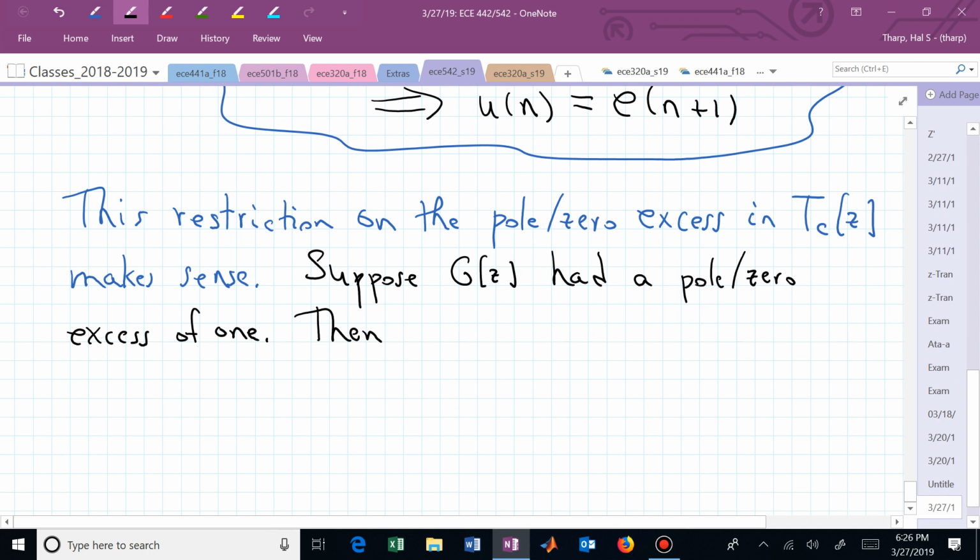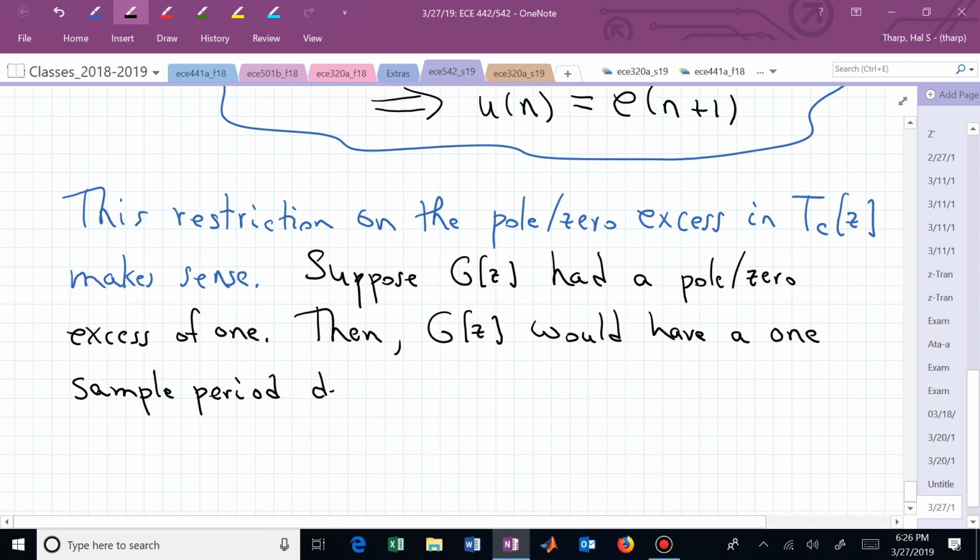If we now have one more pole than we have zeros, what do we know about G of z in terms of its input-output behavior? Then G of z would have a 1 sample period delay between the input and the output.